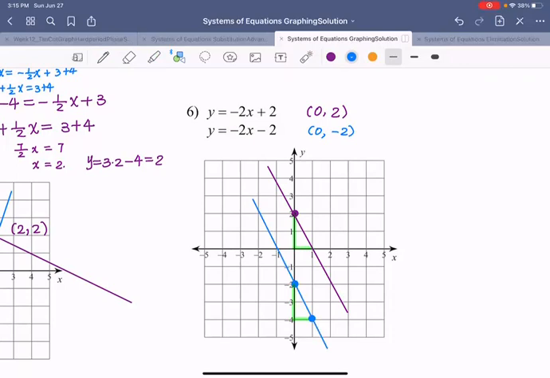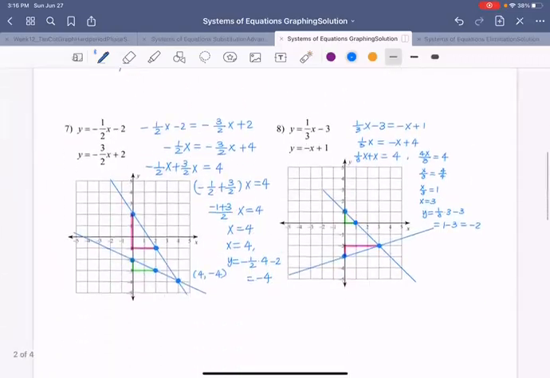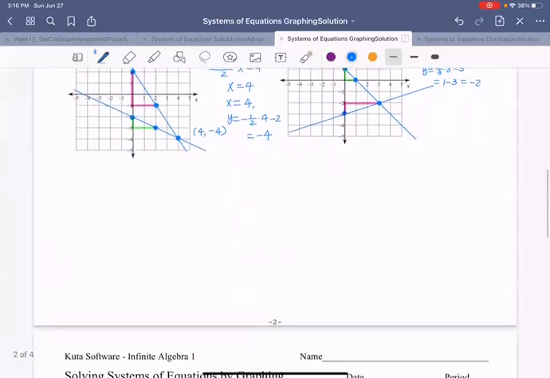What will happen for these 2 lines? Will they meet or will they not meet? They have exactly the same slope. They're parallel lines. They will not meet. So no solution, okay? No solution, or you can draw an empty set like this.